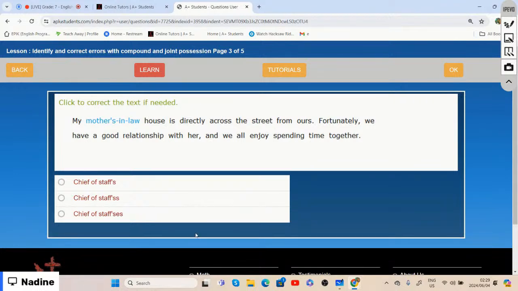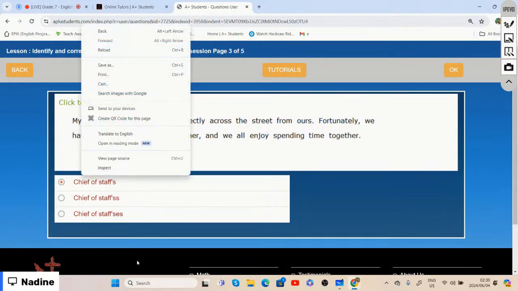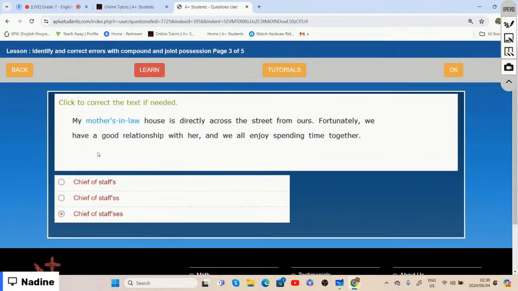The last part of that noun, which is mother-in-law's apostrophe S. All right, so we said my mother-in-law's house is directly across the street from ours.